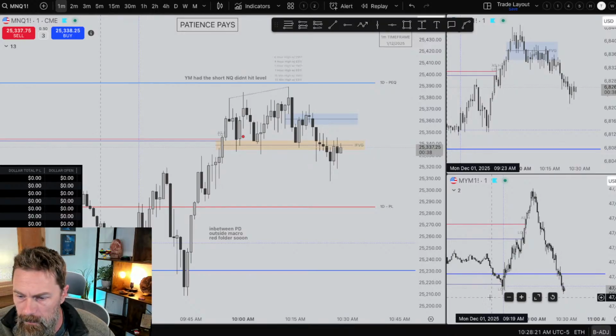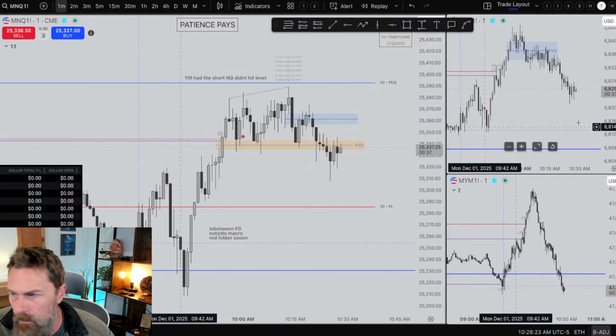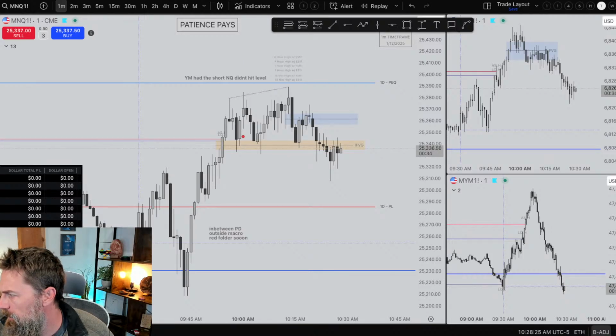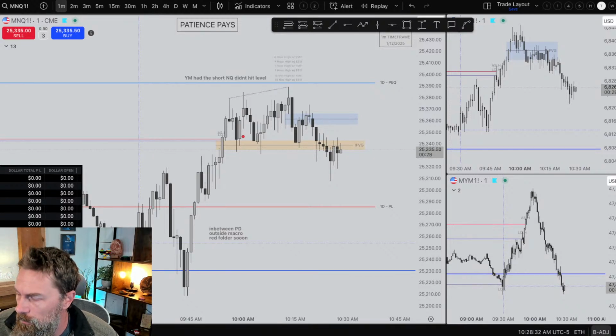All right, YM took that low. ES is looking bearish. YM is bearish. NQ looks a little bullish.